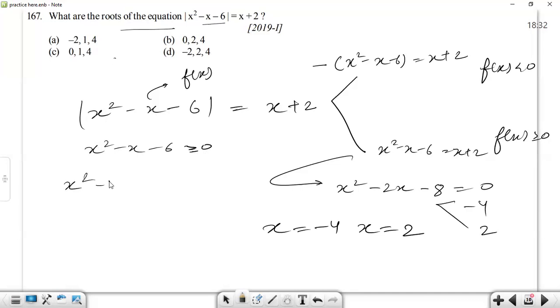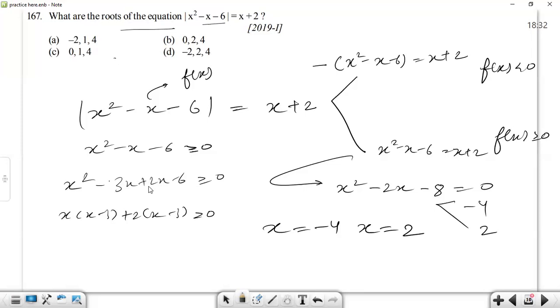So x square minus of 3x plus 2x minus 6. Any doubts? Please ask if any doubt. How have I written minus 3x plus 2x? Because when we multiply minus 3 and plus 2, it will give us minus 6. That's why I have conveniently done so.